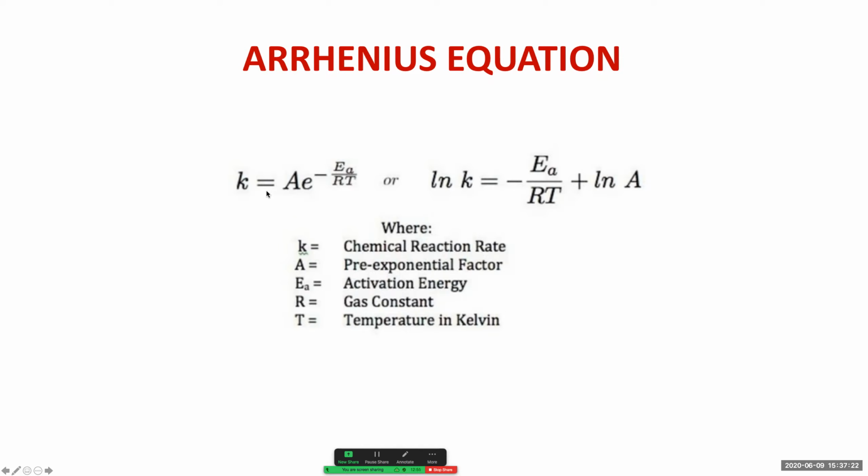Now, if we take the log of both sides, we've seen this before, you end up with a linear equation where the natural log of the rate constant is proportional to 1 over the temperature, and that forms a straight line with the slope of the activation energy over the gas constant.